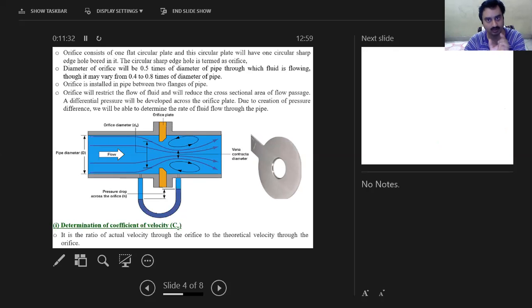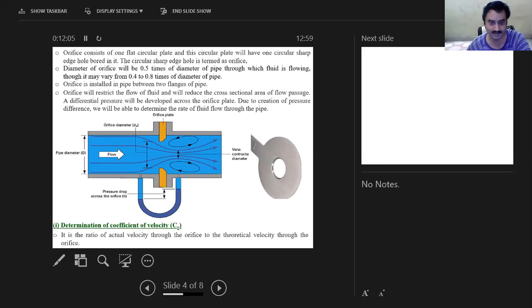Remember the term actual refers to the cross section corresponding to the vena contracta, and the term theoretical corresponds to the cross section of the orifice. Remember, actual and theoretical. So actual refers to vena contracta, and your theoretical term refers to the orifice.